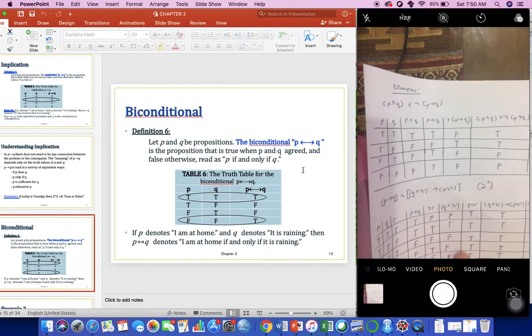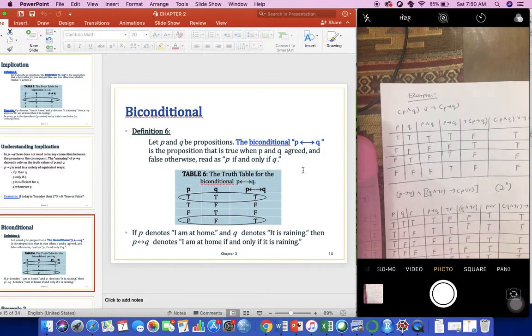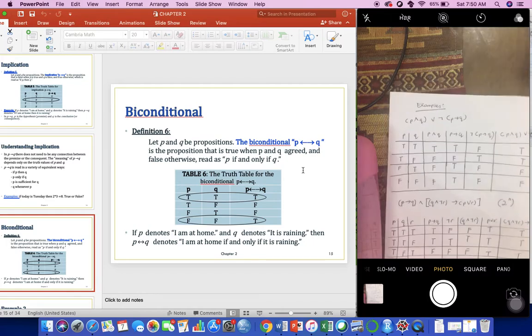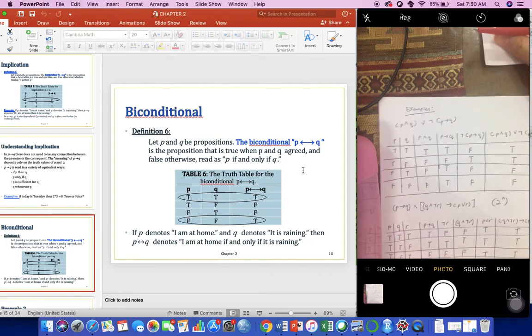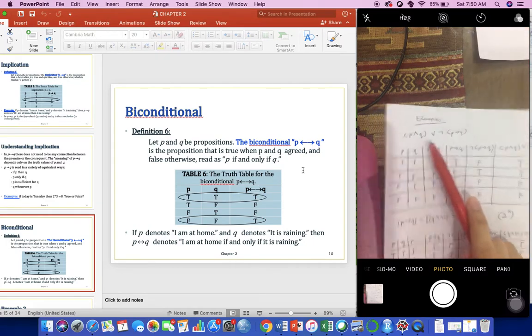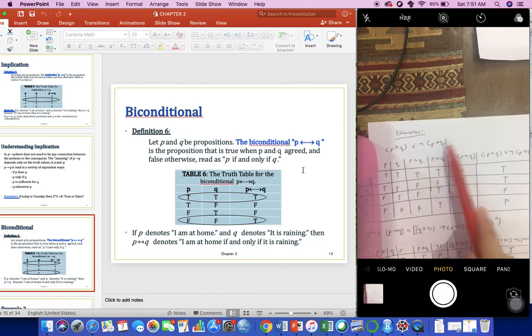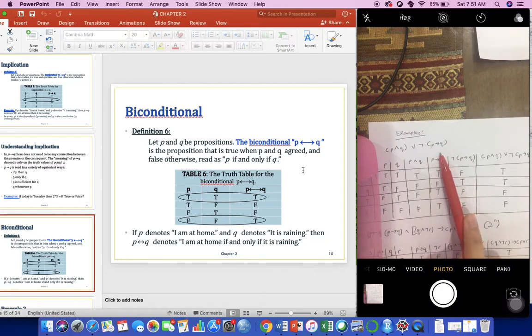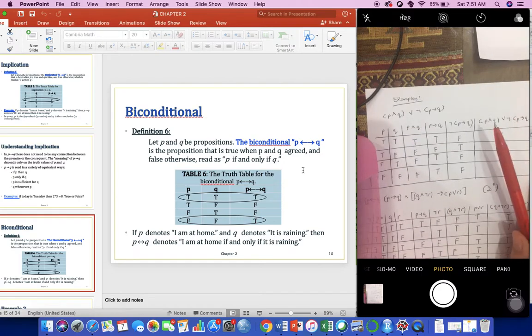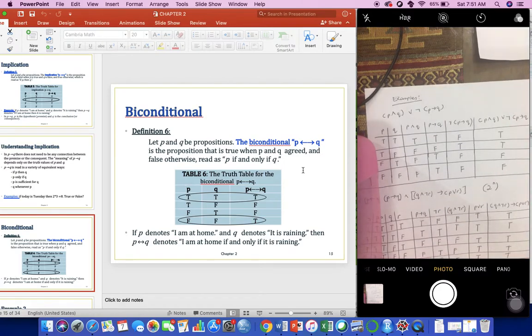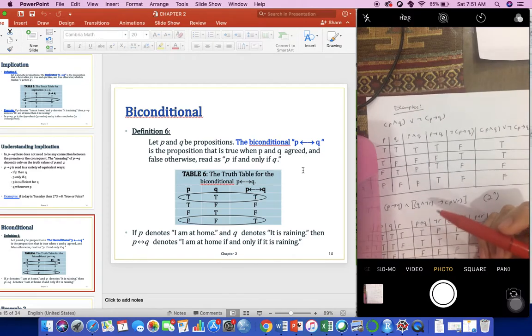Okay, let's take a look at the example. For this example, we have P and Q, or negation of P, conditional Q. How do you want to do this one? The first step is to look at the variables.